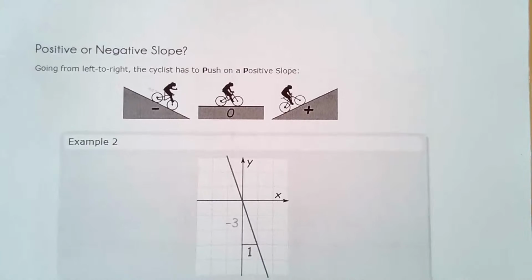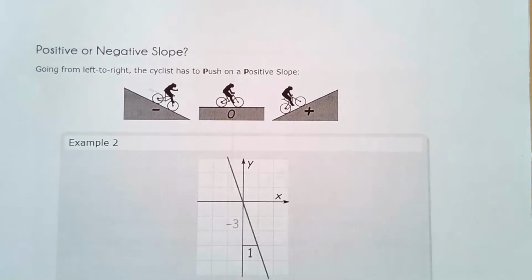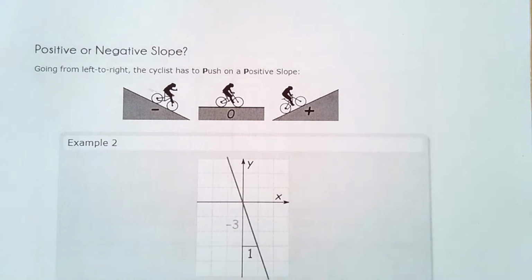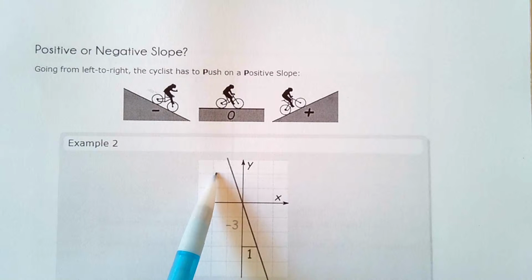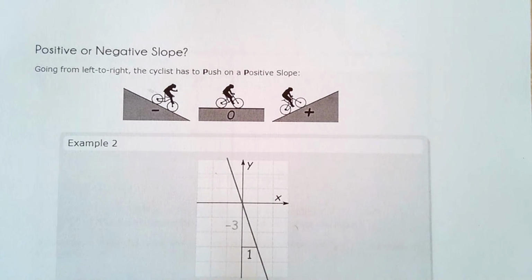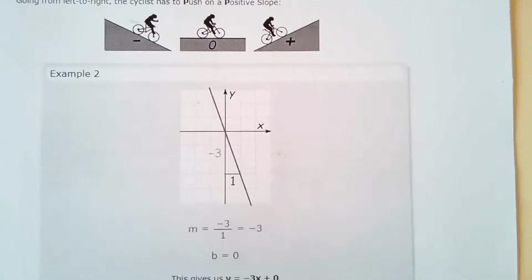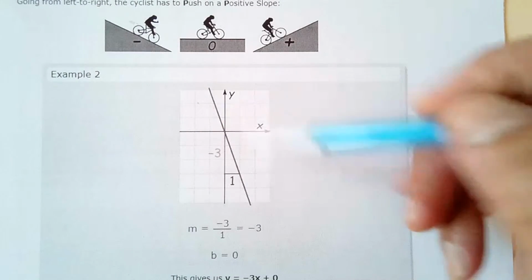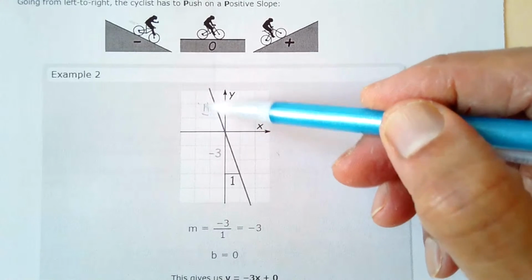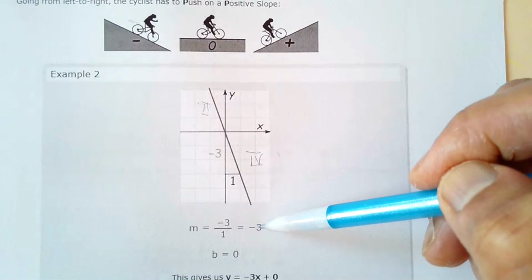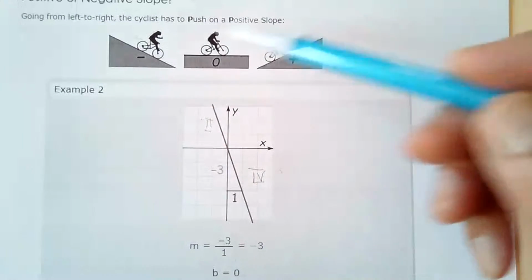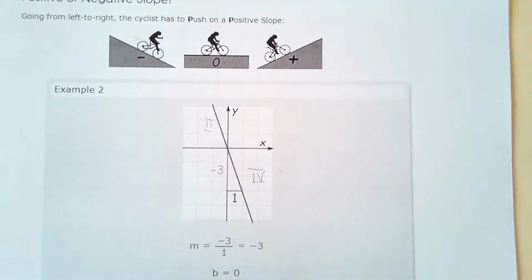This is another thing you have to remember. We did a question which was negative. If you have a negative slope, it's going the other direction. A line going from quadrant 2 to quadrant 4 is a negative slope. If you're going downhill, it's a negative slope.